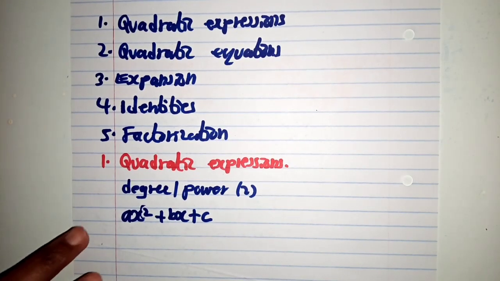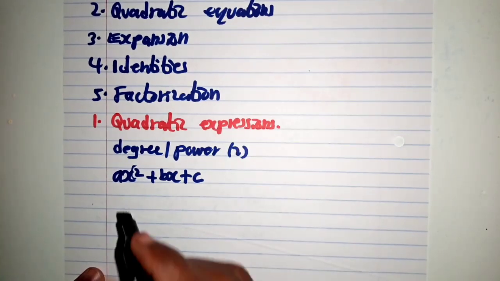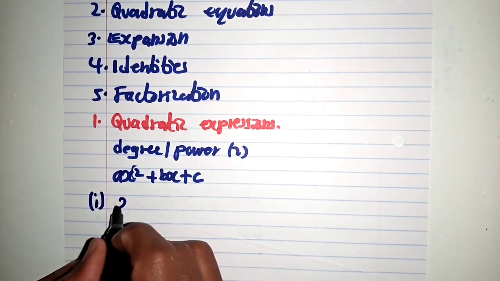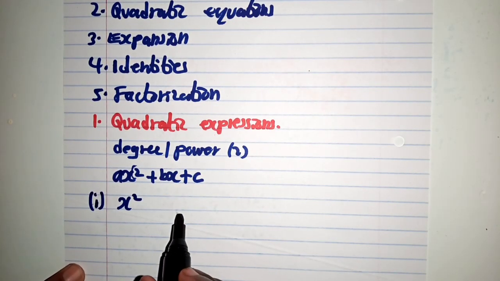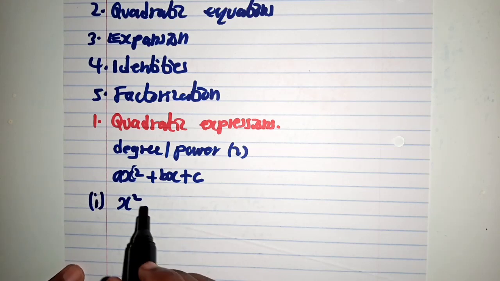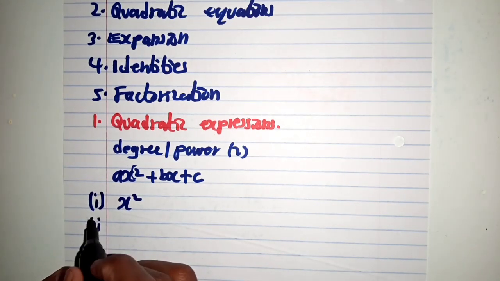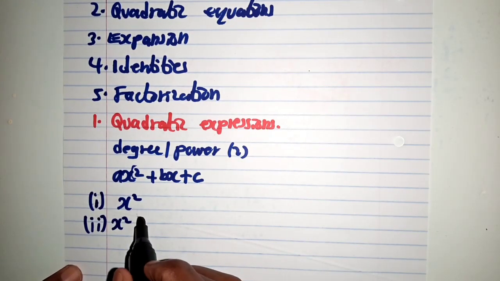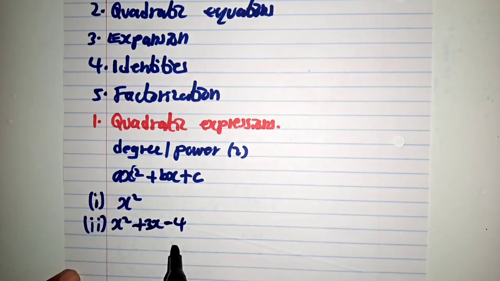So we can have some examples of a quadratic expression. For example, Roman 1, this is an example of a quadratic expression. It has power of 2. Another example could be, let's say, x squared plus 3x minus 4, like that.